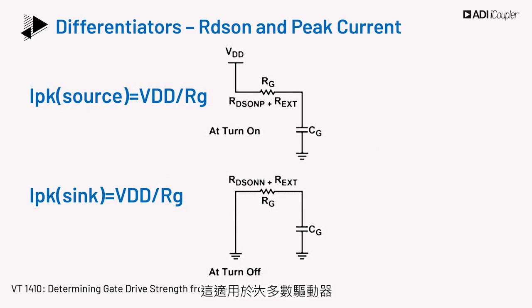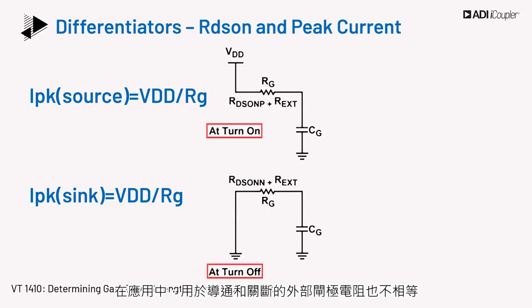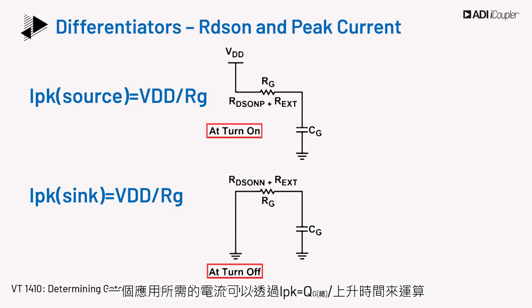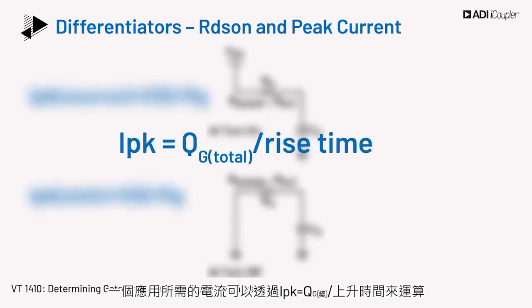In most drivers, this is the case, and in application, the external gate resistors for turn on and off are also not equal. The current required for an application can be calculated from IPK equals QG,total over rise time.